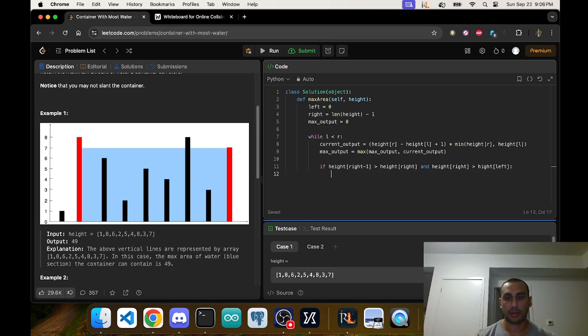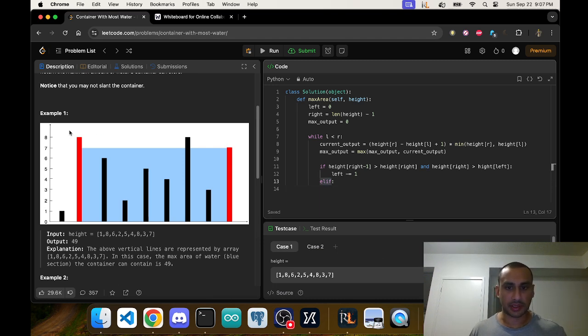Then I want to go what's called left minus equals 1. Elif, because I only want to do one at a time, so as to keep the x-axis as great as possible. I don't want to ever shrink twice, because then I lose 2 values of x. So elif, and I have to do the logic for the right side.